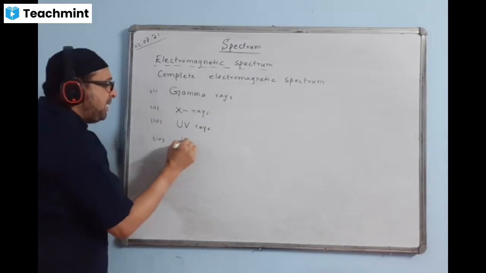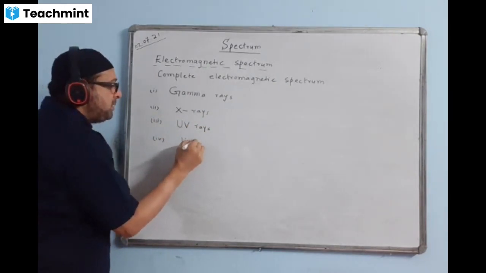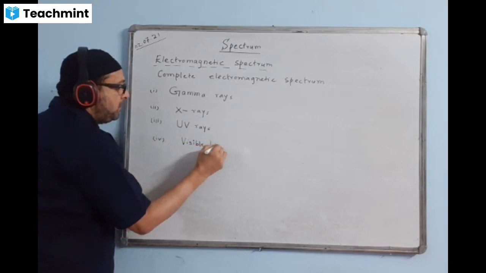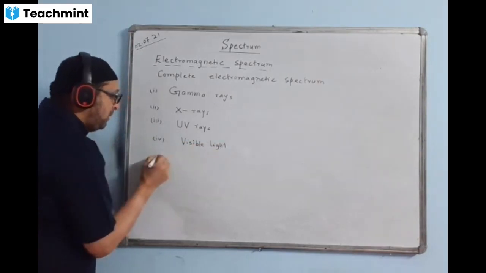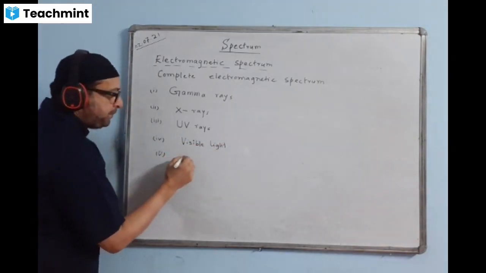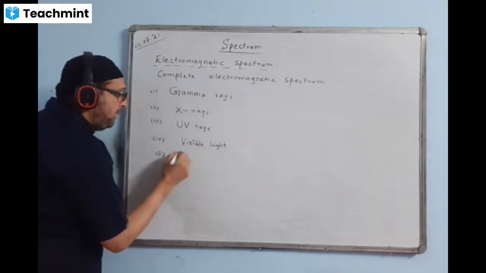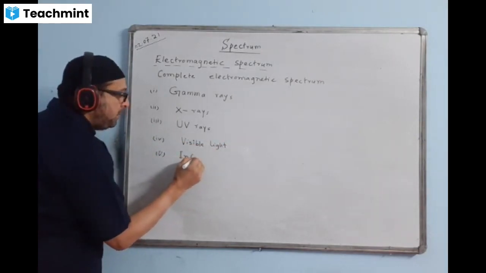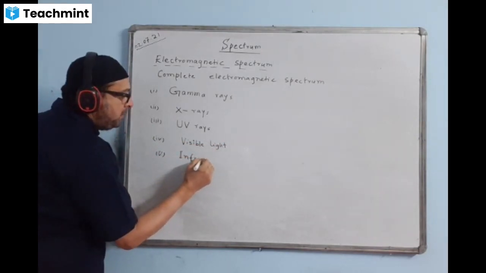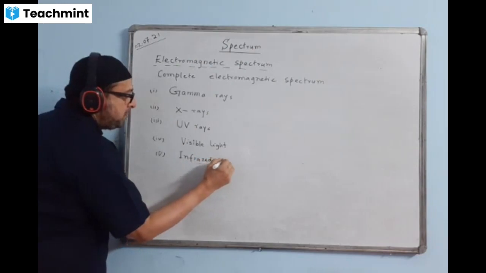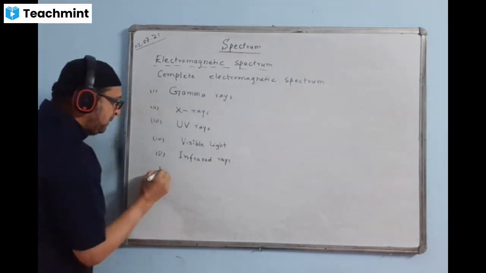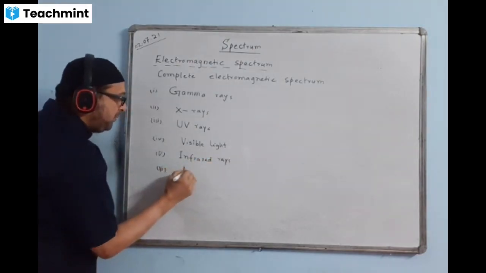Fourth one is visible light. Fifth one is infrared rays. Sixth one is called microwaves.